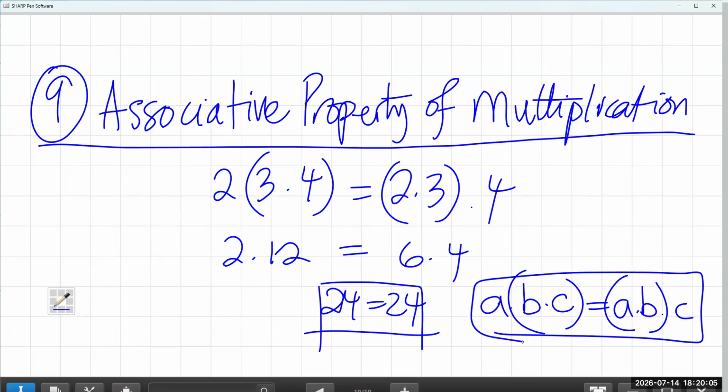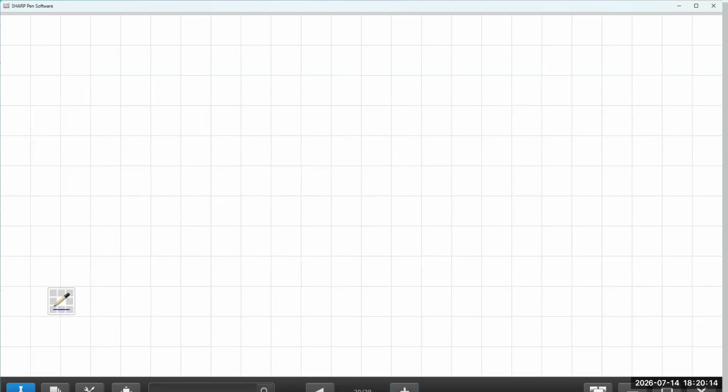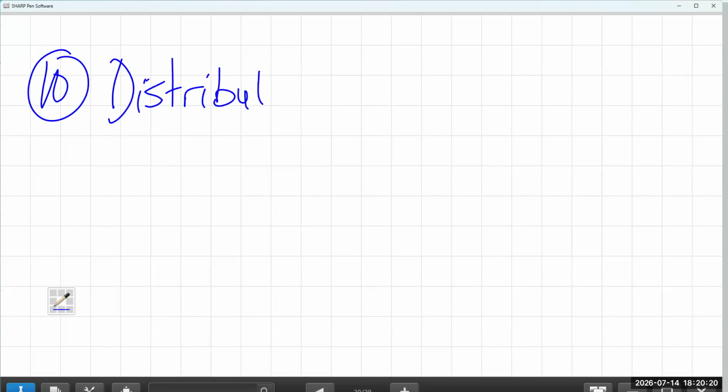Now the last one, I don't know that it's always this way in every textbook, but the last one is the distributive property. We're just going to add the distributive property, and it is involving multiplication.